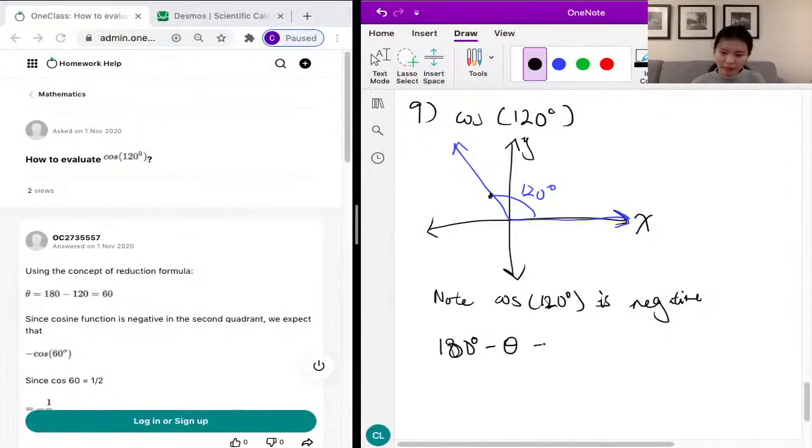We know that the theta we want to know is 120, so we have 180 degrees minus 120 degrees equals 60 degrees. And we know that 60 degrees is our reference angle. Also, the blue line should probably be more over here instead of over here, but it's okay.